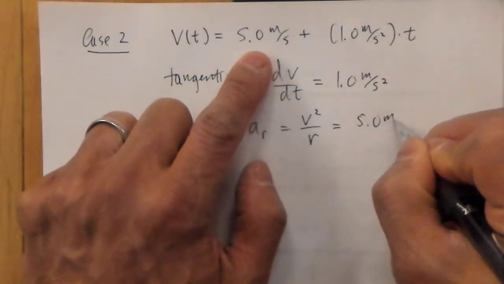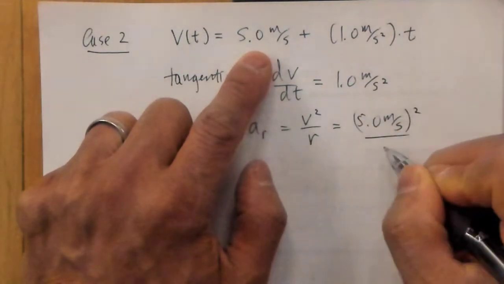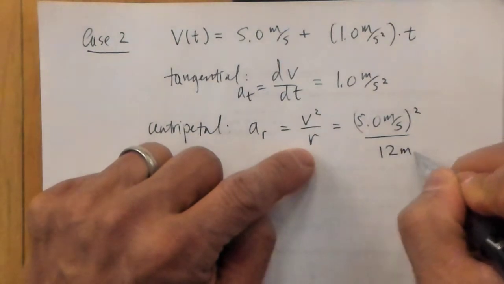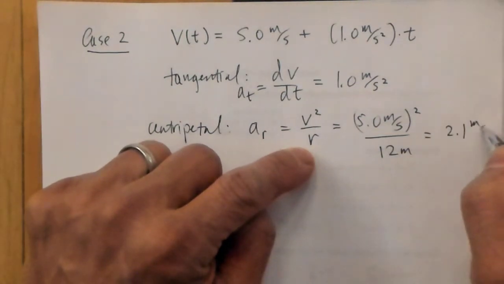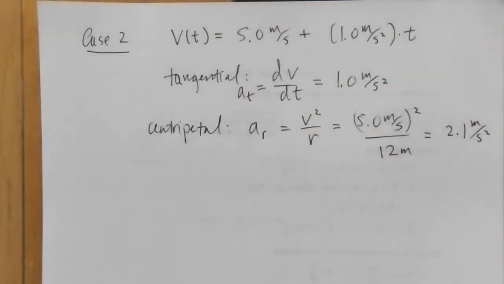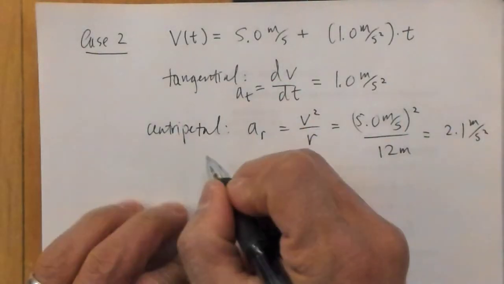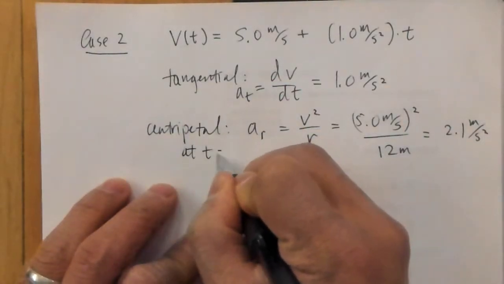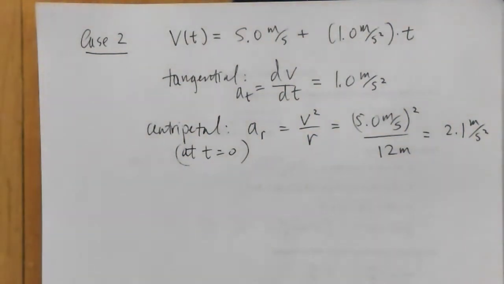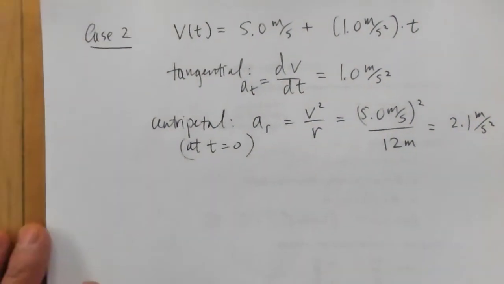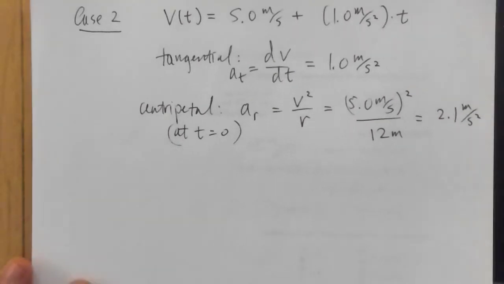So it'll be 5 meters per second again, divided by the radius of 12 meters, so I'll get 2.1 meters per second squared. Okay. Is everybody with me so far? At t equals 0, that was what we're being asked. Yeah, good point. If it was a different value, we'd have to consider that.